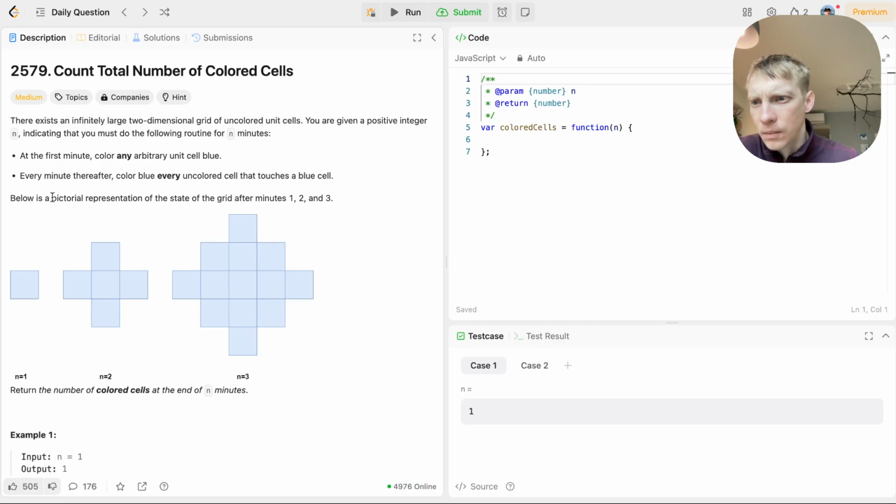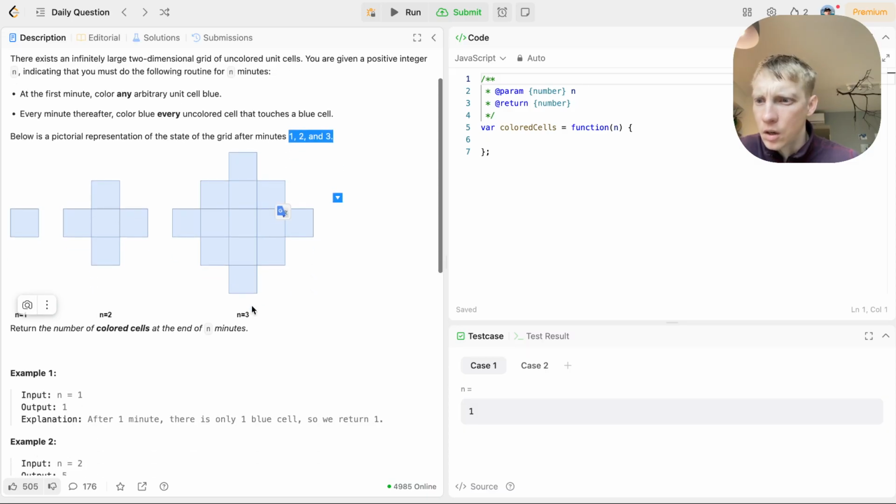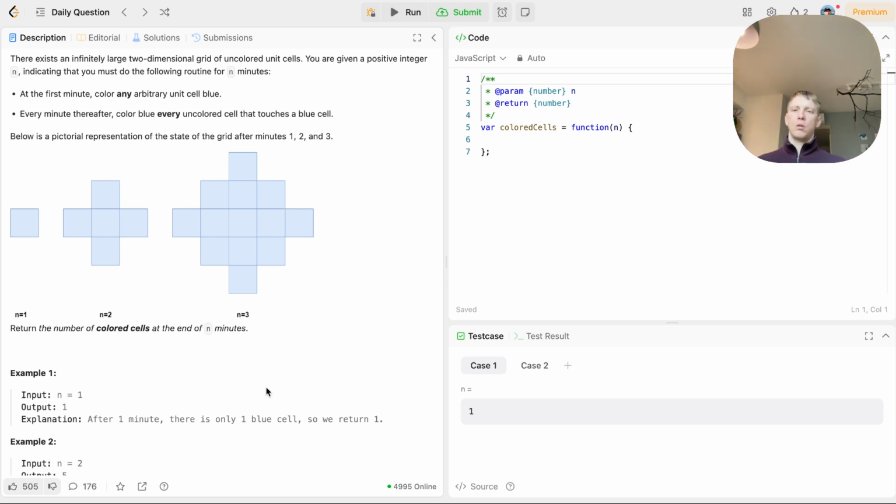Below is a pictorial representation of the state of the grid after minutes 1, 2, and 3. Okay, return the number of colored cells at the end of n minutes. Wow, so I have a number as an input and I have to return a number as an output. I believe I just need to return the number of the cells.